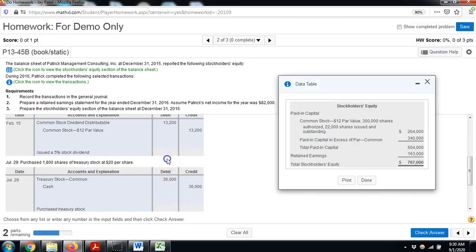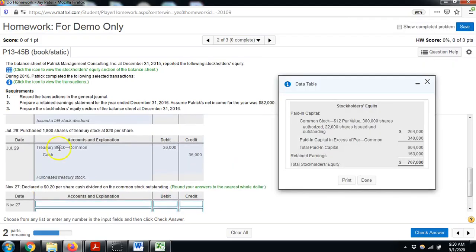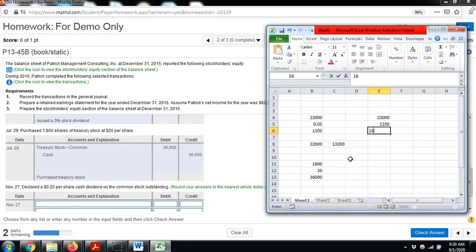But then we also bought 1,800 shares in this Treasury stock transaction. So the total number of common stock shares outstanding now is 21,300. So we're going to pay 20 cents on each of those shares.